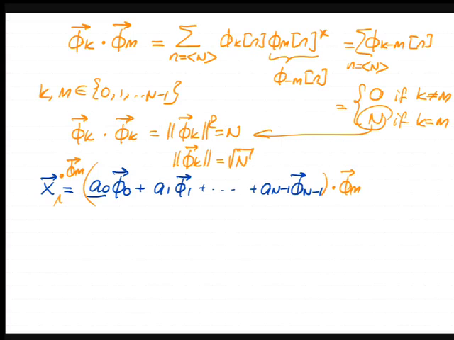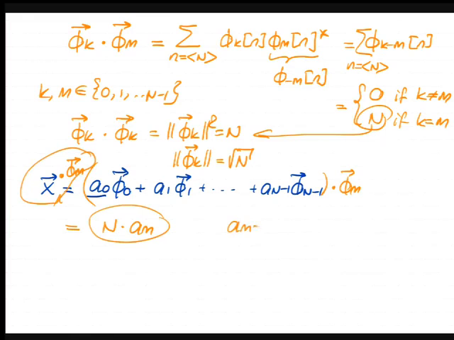What happens? Everything is eliminated because you're taking the inner product of orthogonal things, except for the mth term in the sum. And for that term, you're going to get a product of capital N, not 1, because it's orthogonal, not orthonormal. Okay, so what comes out is n times am.